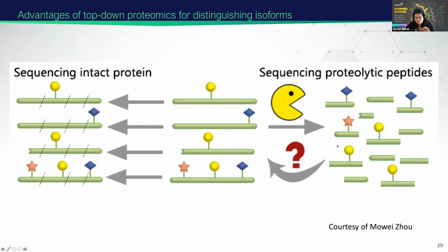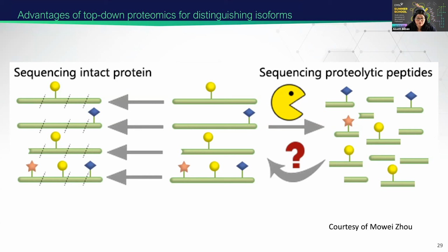In the case of typical bottom-up proteomics, when we digest the proteins into multiple peptides, if these proteoforms have shared peptides and shared modifications, once we do the digestion, we won't be able to tell exactly which proteoforms they are, because there are many possibilities.